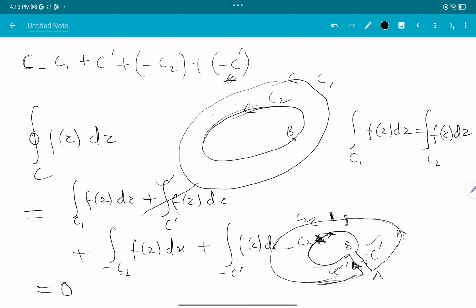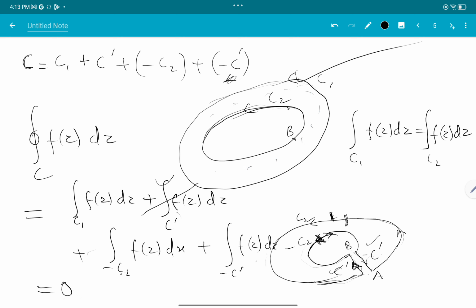What has this shown to you? It has shown that you can do away with this path, and instead of this you can choose this. The condition is that the function should be analytic on this path and in between them.